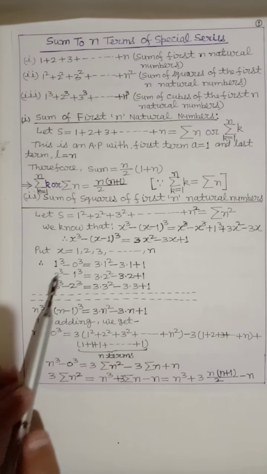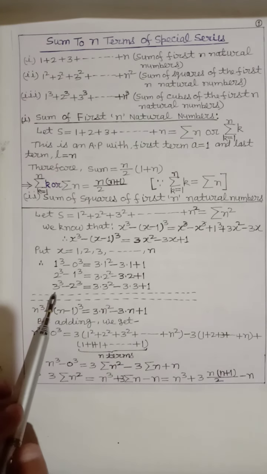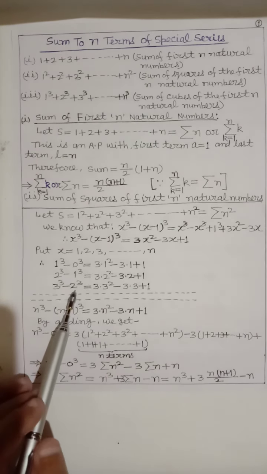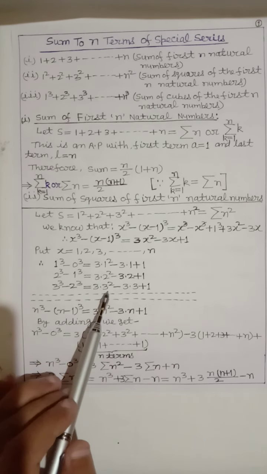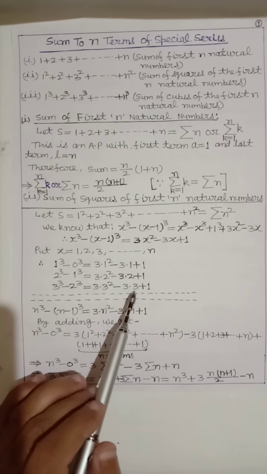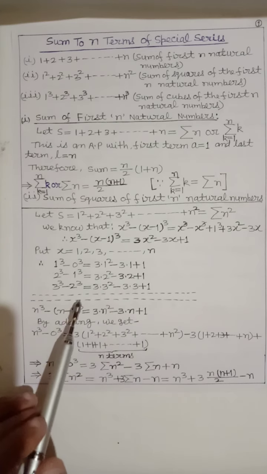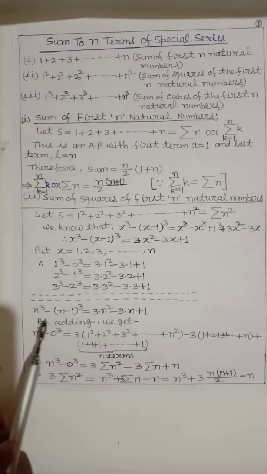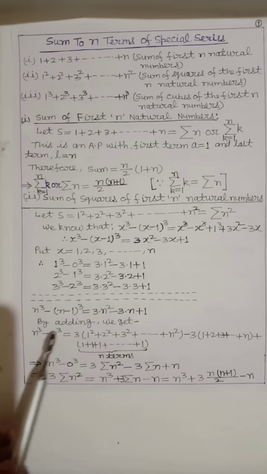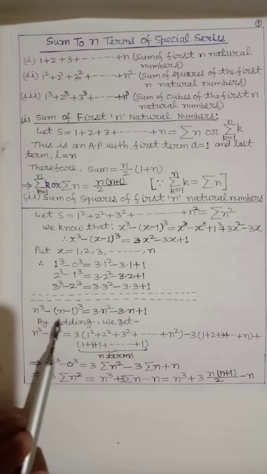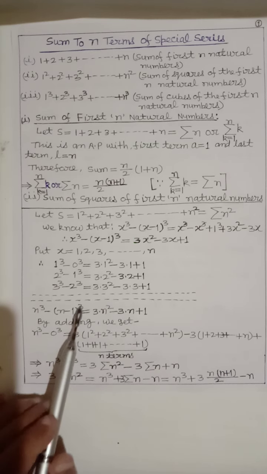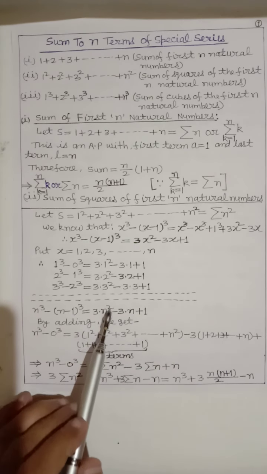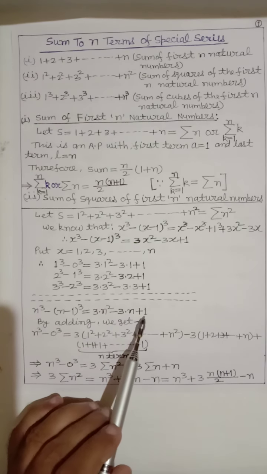Similarly, when x is equal to 3, we get 3 cube minus 2 cube equal to 3 into 3 square minus 3 into 3 plus 1. And using this pattern, when x is equal to n, we get n cube minus n minus 1 whole cube equal to 3 into n square minus 3 into n plus 1.